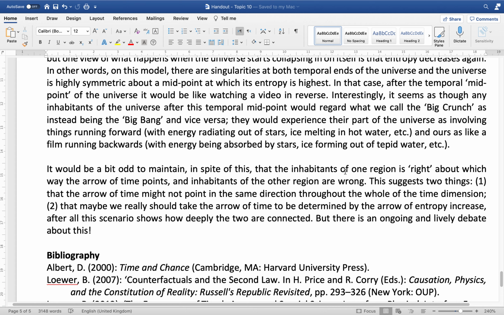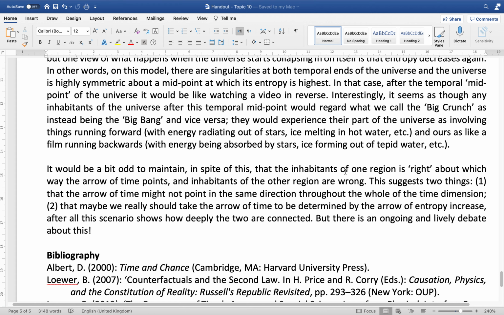And arguably, this sort of scenario also provides some support for the entropy hypothesis, because it shows how deeply our intuitive notion of the arrow of time and the arrow of entropy increase are connected.